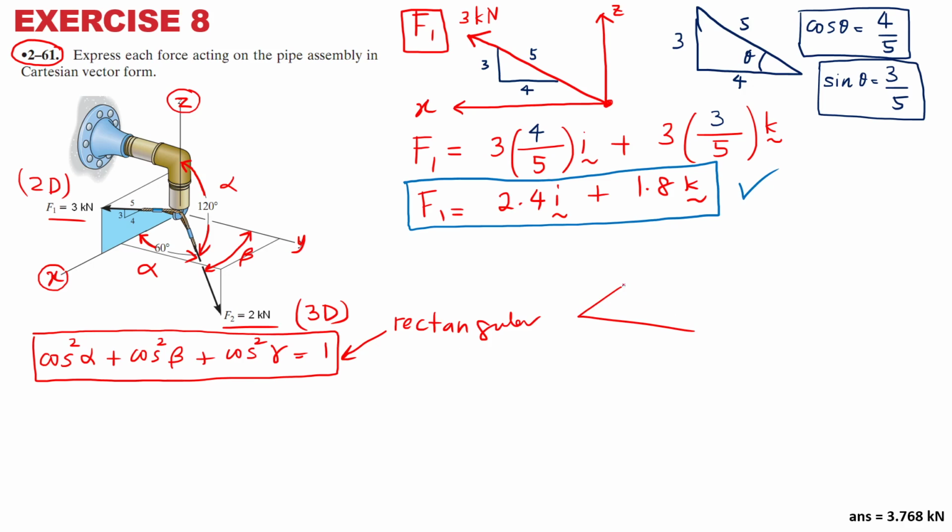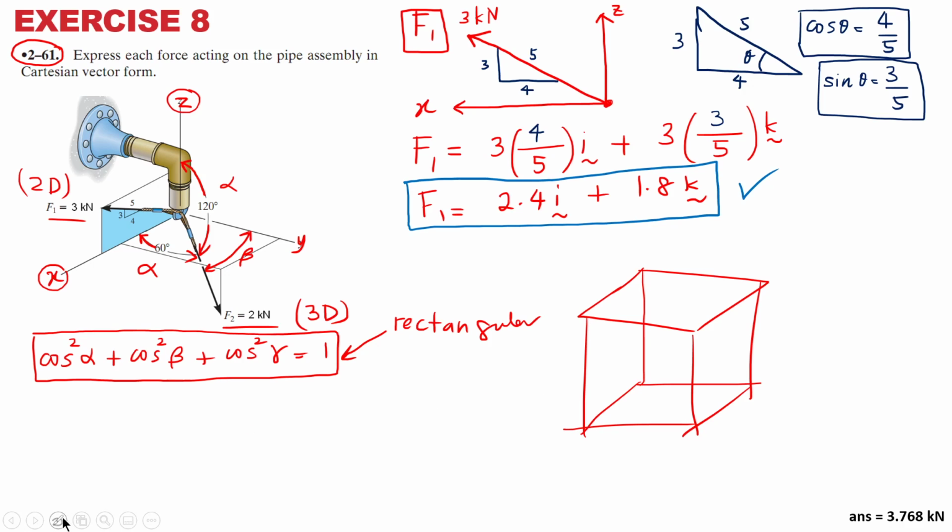Remember the one that you learn in 3D, you are using a rectangular coordinate system. Your force is from origin until this very edge. Since this one is X, this one is Y, this one is Z, this one is alpha, beta, and gamma. This is where this formula is coming from. So you can use this as your reference.